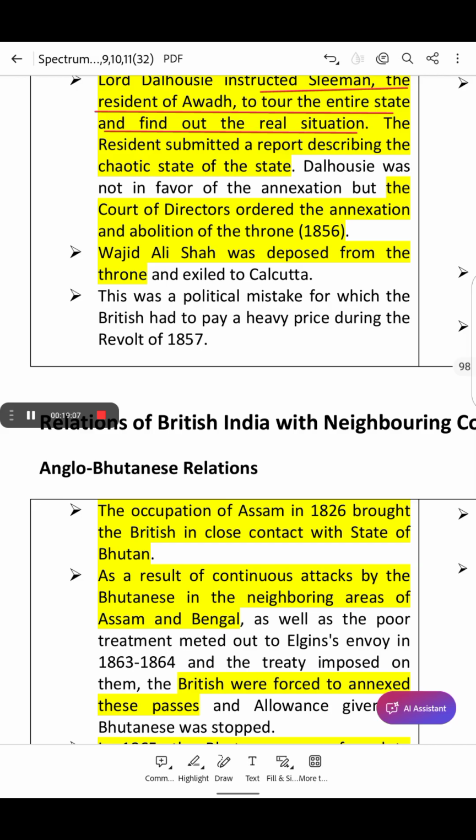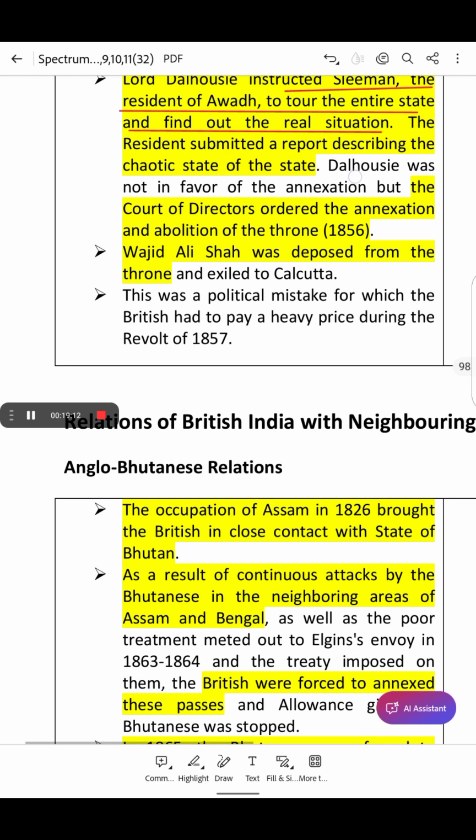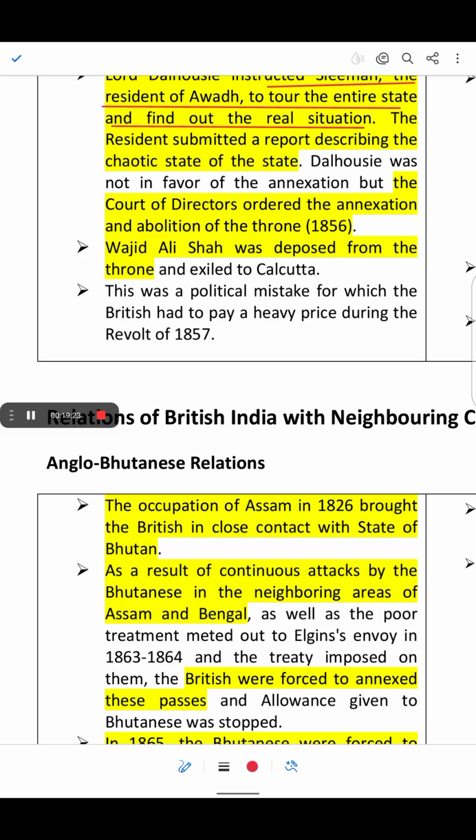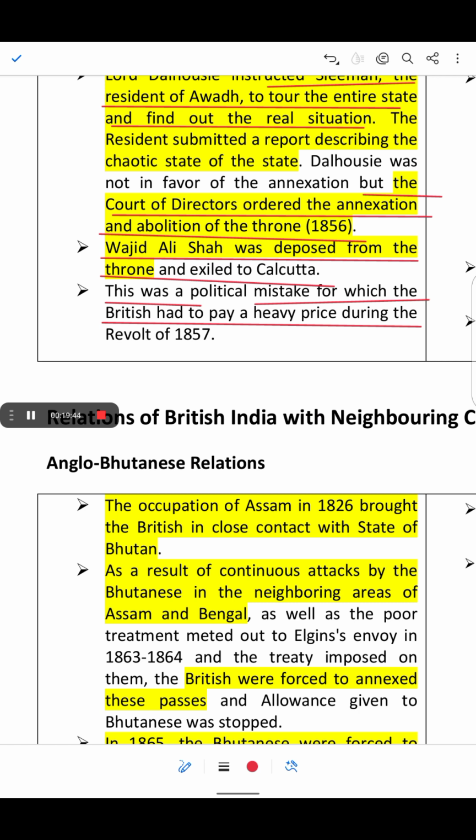The resident submitted a report describing the chaotic state of the kingdom, and Dalhousie was not in favor of the annexation, but the Court of Directors ordered the annexation and abolition of the throne during 1856. Wajid Ali Shah was deposed from the throne and exiled to Calcutta, and this was the political mistake for which the British had to pay a heavy price during the revolt of 1857.